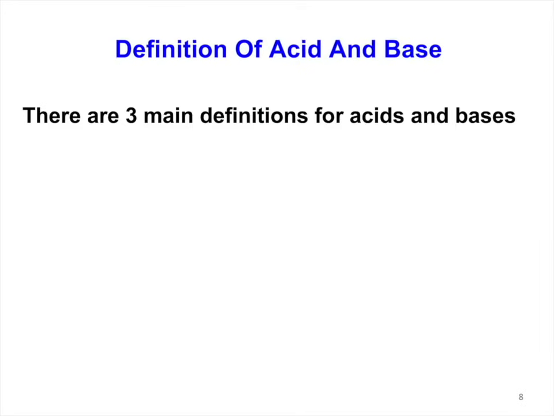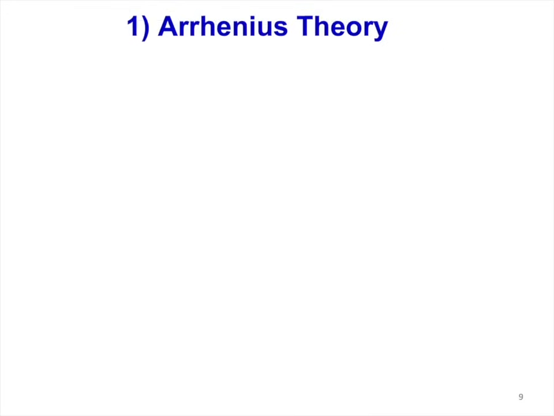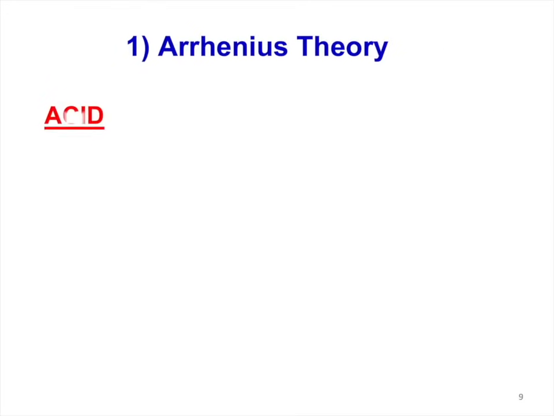Okay, now let's look at the definitions of acid and bases. There are three main definitions of acid and bases according to Arrhenius Theory, Bronsted-Lowry Theory, and Lewis Theory. In this lecture, we are only going to focus on definitions of acid and base according to Arrhenius and Bronsted-Lowry Theory.